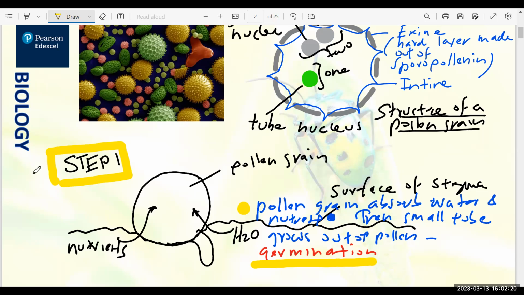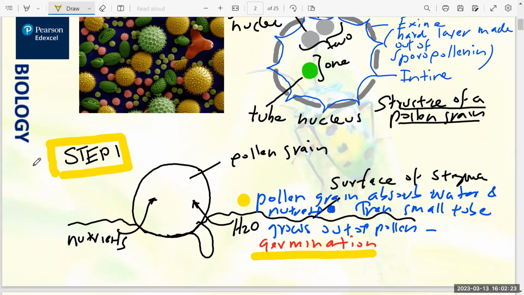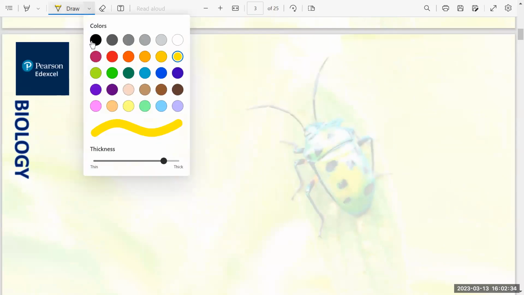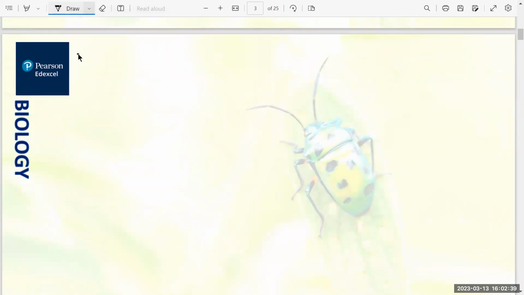Right, then we will see what's going to happen to this pollen tube. Okay, in step 2, the tube is growing now.